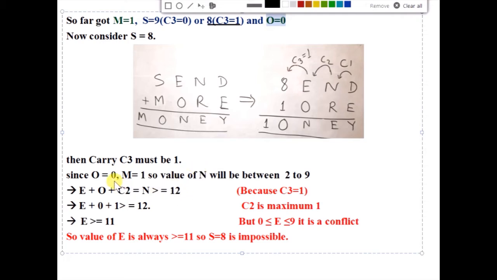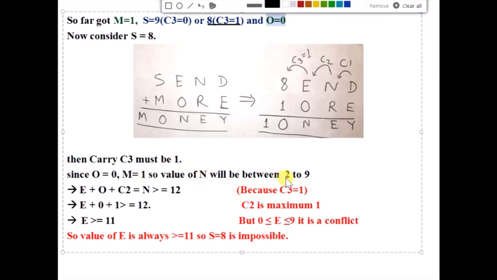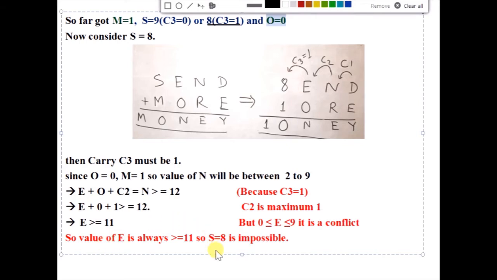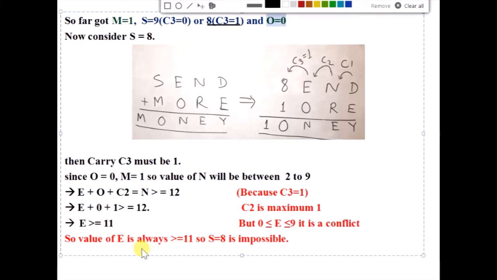Because already we have assigned 0 to O, 1 to M. Value of N will be between 2 to 9, so the minimum value is 2. So E plus O plus C2 must be greater than or equal to 12, which implies E must be greater than or equal to 11. That means for S equals 8, the minimum value of E is 11, which is impossible.